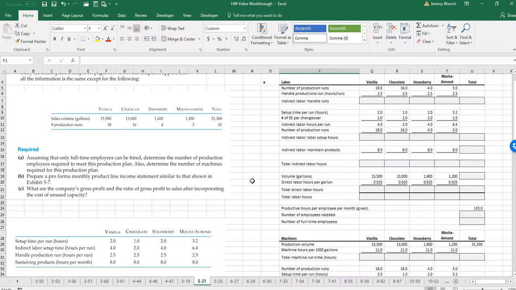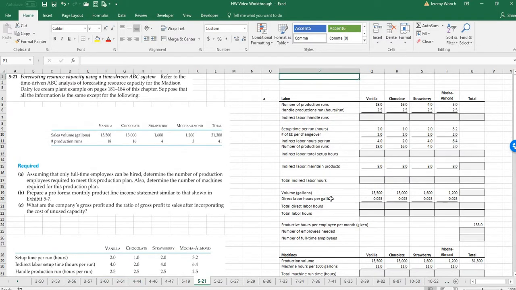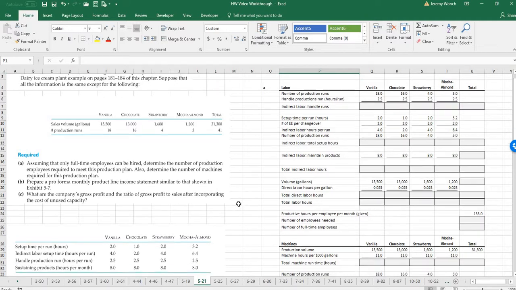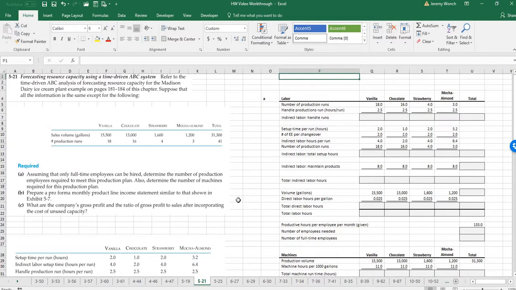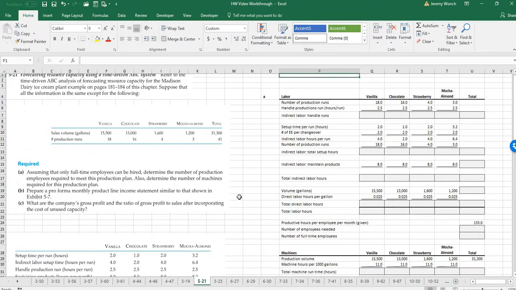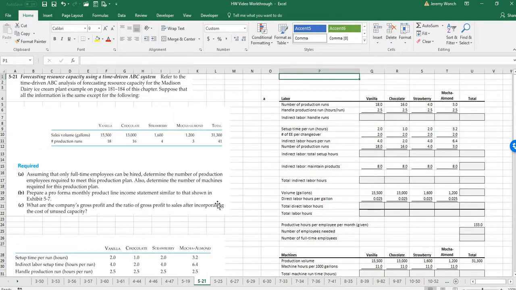The ideal cost is based on the number of hours and machines that we need. However, we're probably going to have more employees than necessary and more machine hours available. So by looking at the difference between those two, we'll understand what we're losing for being slightly inefficient.